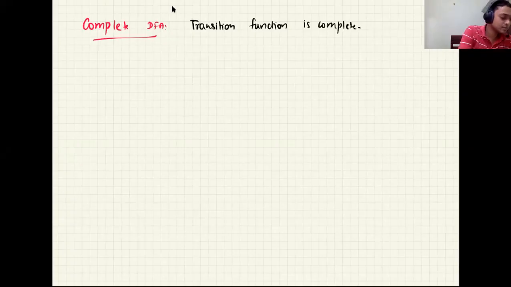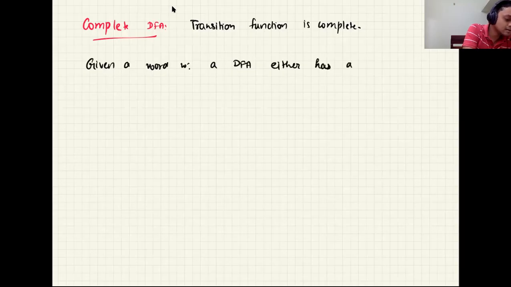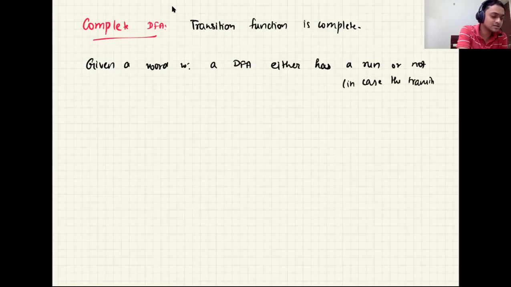In a partial DFA, it's not complete. Given a word W, a DFA either has a run or not, because it may get stuck in between in case the transition function is partial.